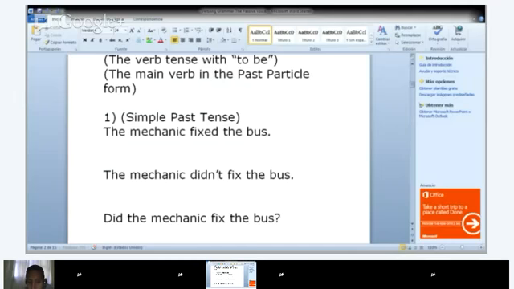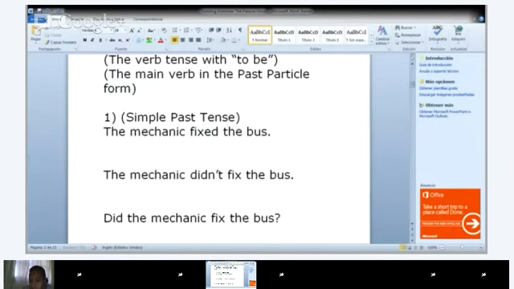Can you express the question as the passive voice? And I'm picking up some background noise, so if people could please mute their microphone. Hey, Ahmad, could you go ahead with your question, please? Okay. Was the bus fixed? Yeah, was the bus fixed?